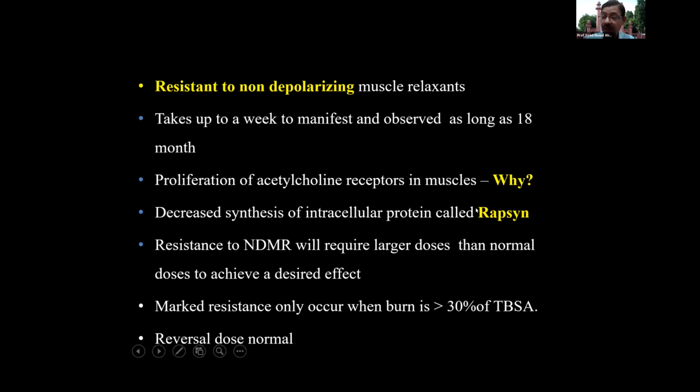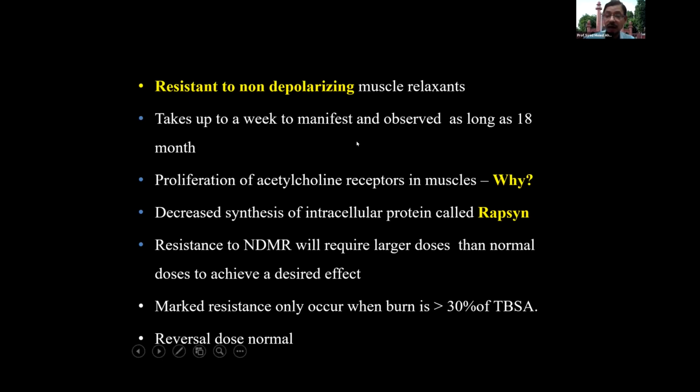Now, this rapsyn gets dissolved, or it gets burnt out. So naturally, what happens? There is a proliferation of the acetylcholine receptors to other areas, and naturally the volume of the receptors increases, so whatever dose is required in this patient, you probably need an extra amount of dose to paralyze this patient.